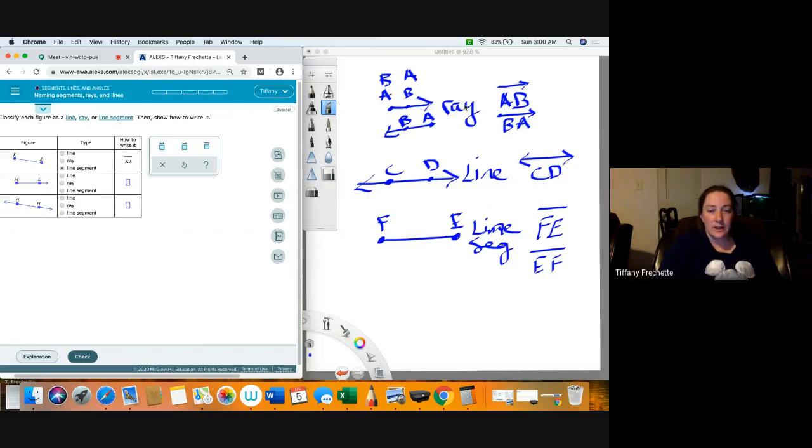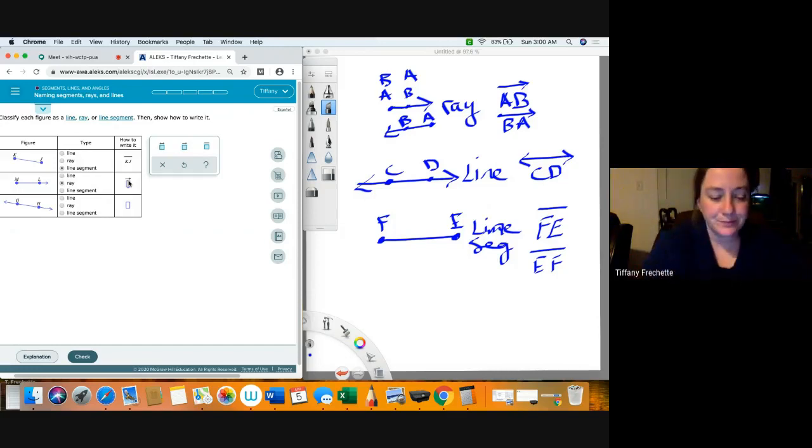All right, so this one has a point and then one line. So a point and then one line is a ray. And then this one, remember, has to be specific. We want to make sure we grab the right symbol. It's always going in that direction. And this ray is by chance going this direction, but the symbol is always going in that direction when we write it out this way.